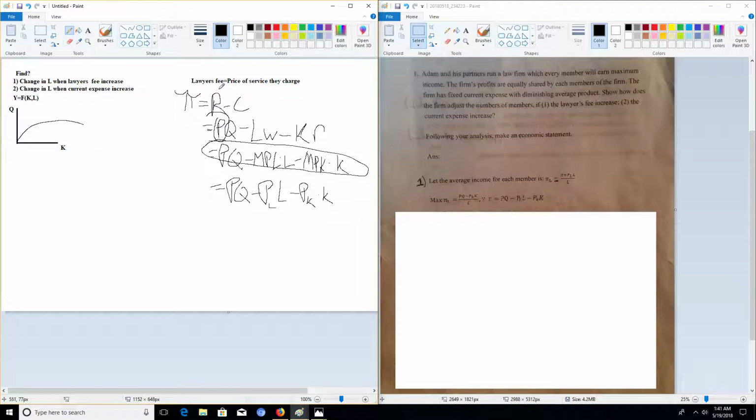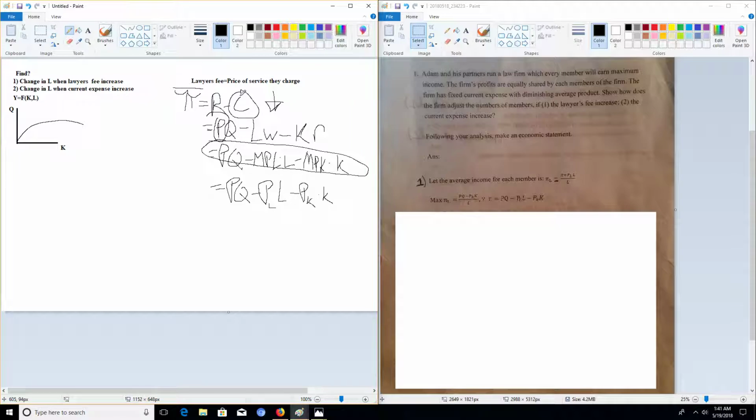And to offset this, because firms care about profits, they're going to need to lower cost. C is going to need to fall, to offset this fall in revenue, so that profit can be constant, right? Or at least greater. They always want greater profits, but they don't want it to fall.